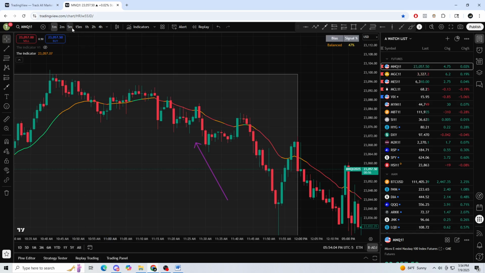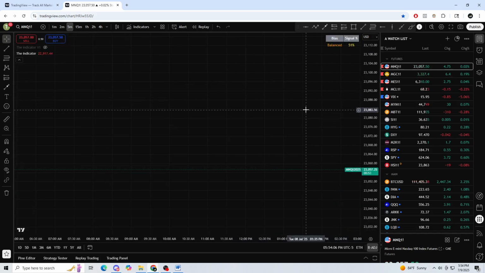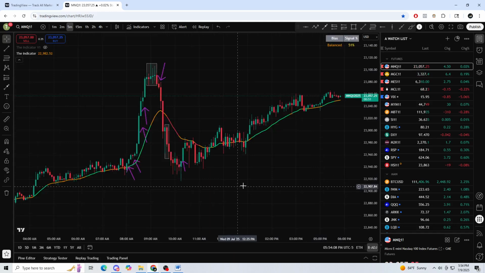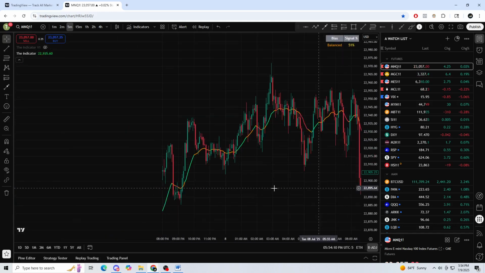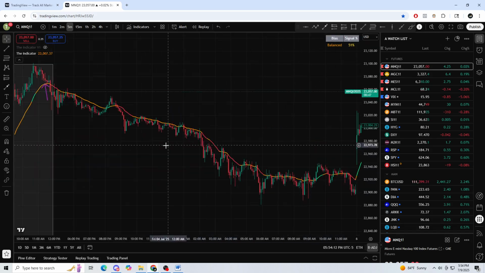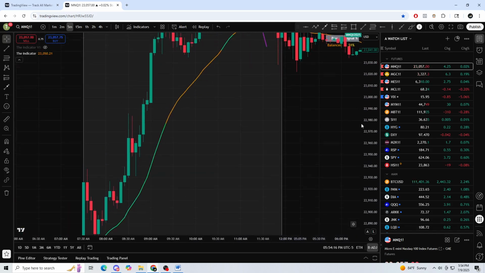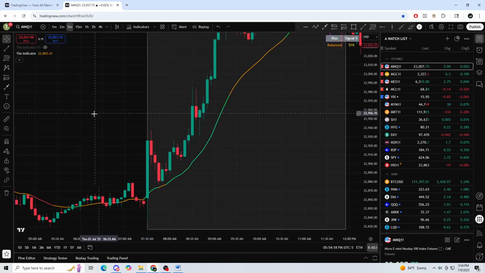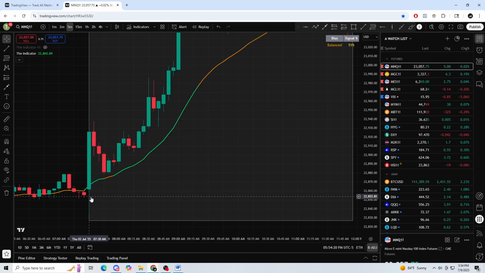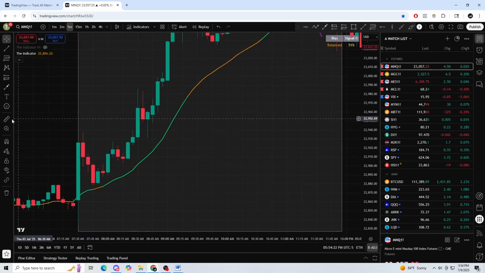Let's go to the 5 minute and see if we can see this peak again. Where am I at? Back here somewhere? Yeah, back here. So you can see, here's the 5 minute chart, and it's basically bullish this entire move, right?